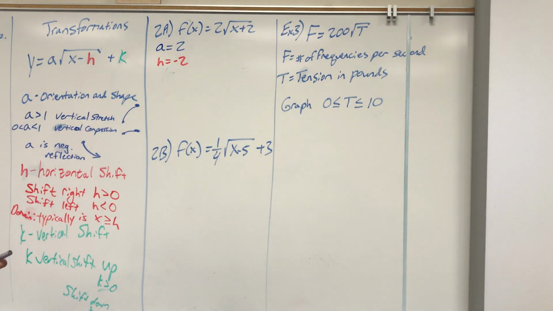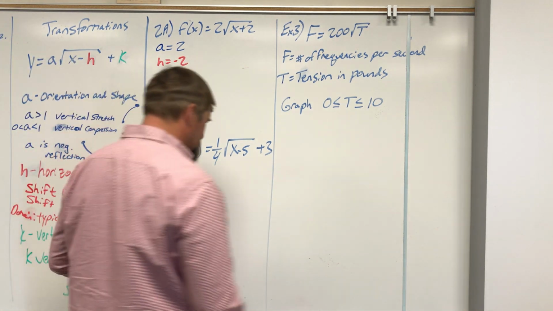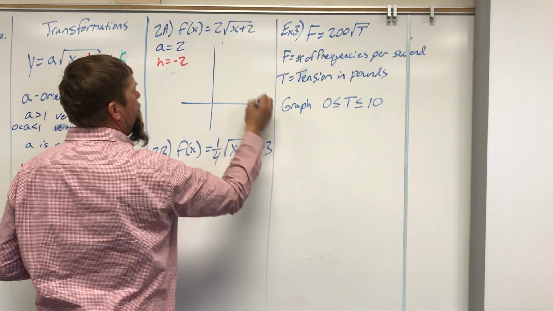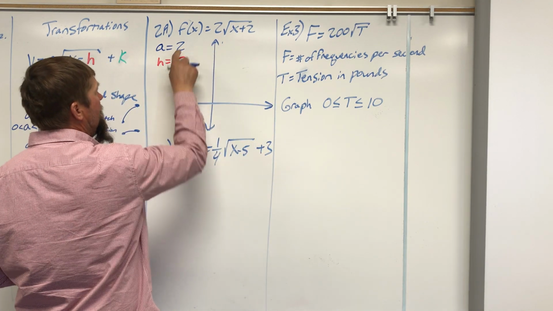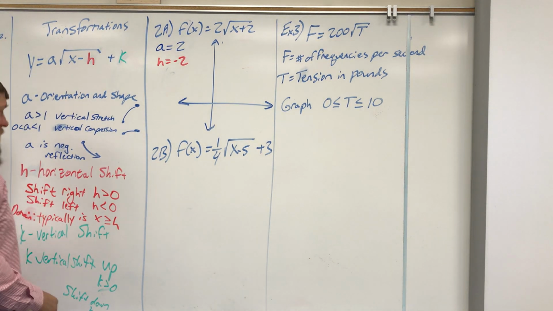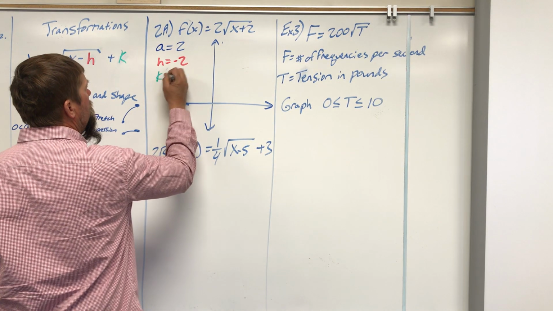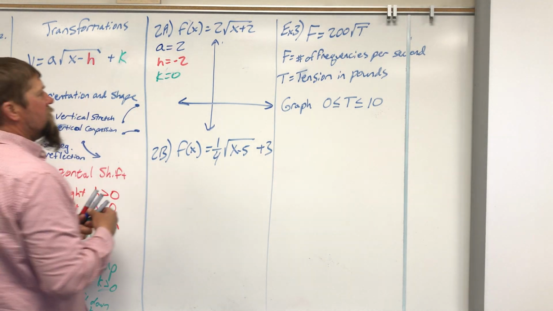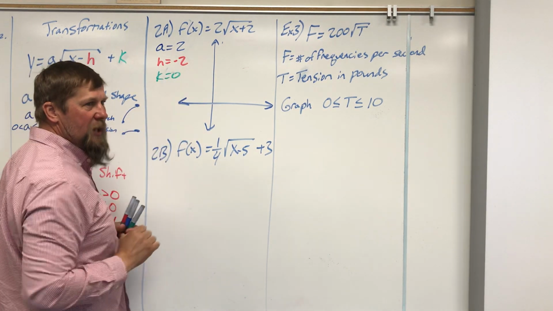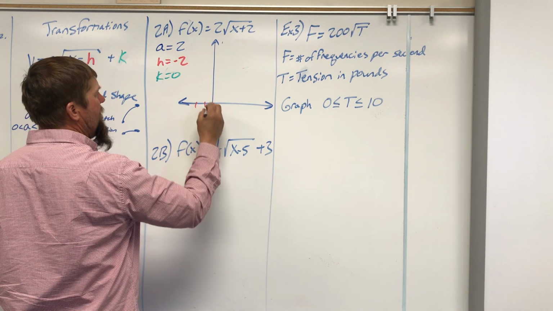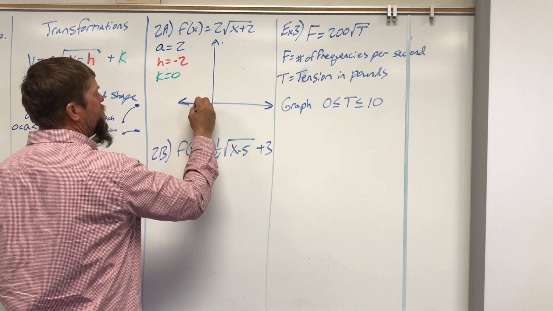Okay, so to graph this, if I'm going to actually use transformations, I'm going to use the fact that a is 2 and h is negative 2. Now k, of course, is 0. So my starting point is always going to be at h, k. So it's going to start at negative 2, 0.